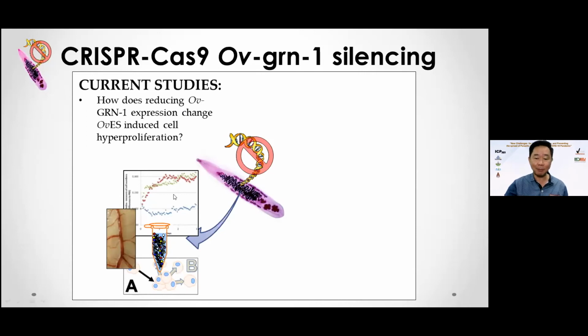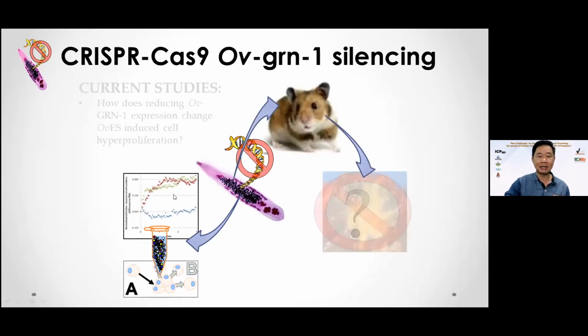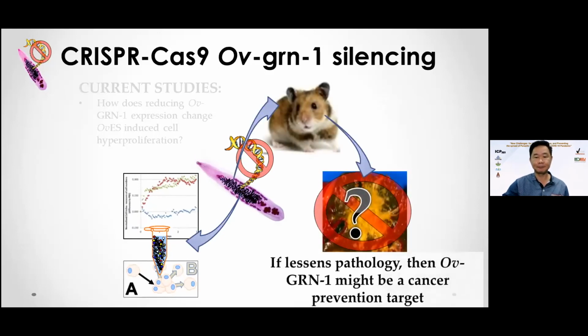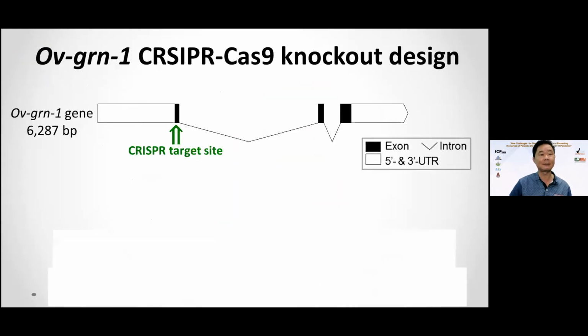So we hypothesize that if we knock out granulin 1 and then put the worm into the hamster, there will be less pathology. And then we could prove that granulin 1 is a vaccine target or drug target to prevent cancer. This is our hypothesis.